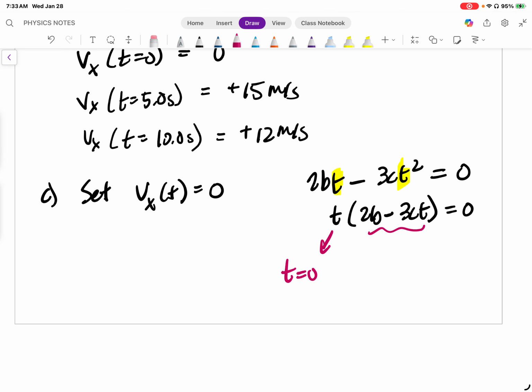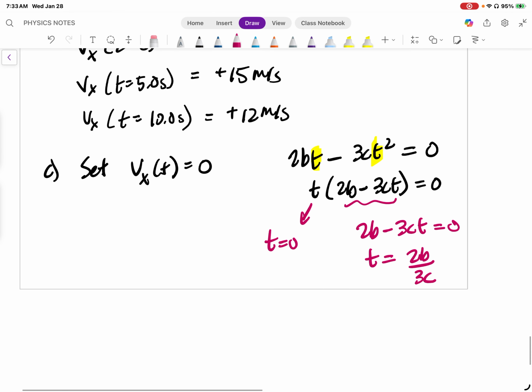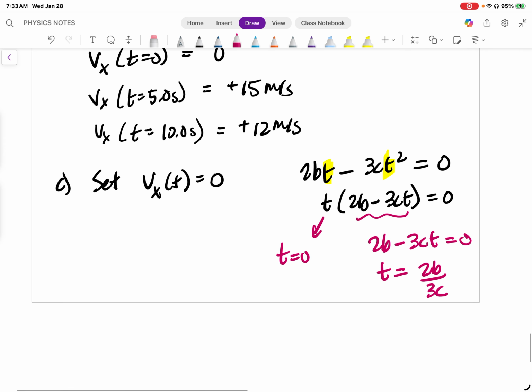And then when this piece in here is equal to 0, so 2b minus 3ct, I can find that t as well. So here t is, we'll move that 2b to the other side, divide by my 3c. So the other time where my v is going to be equal to 0 is 2b over 3c.